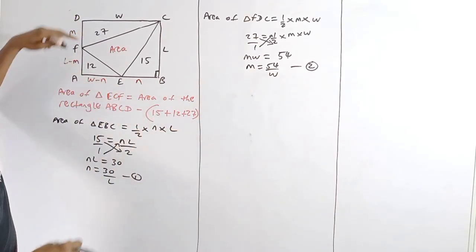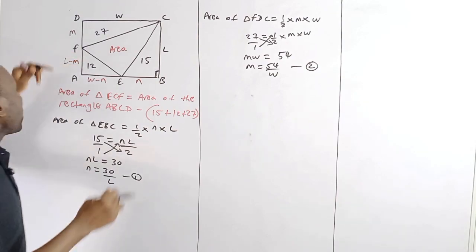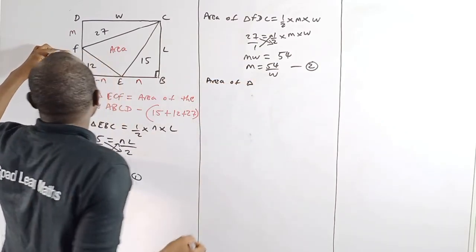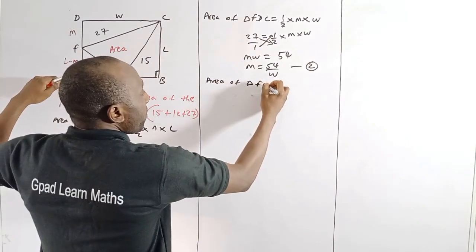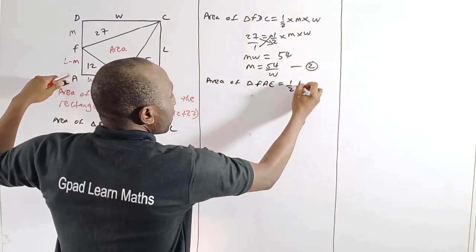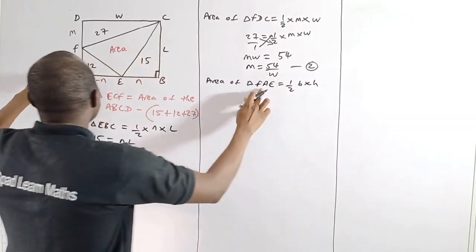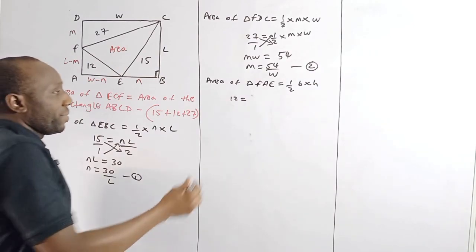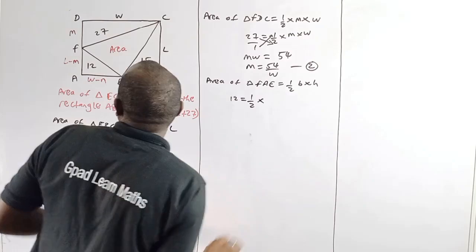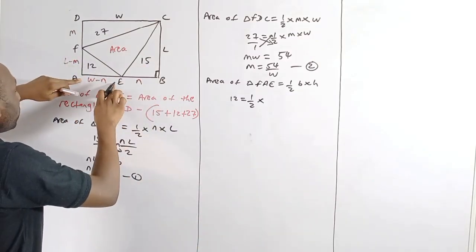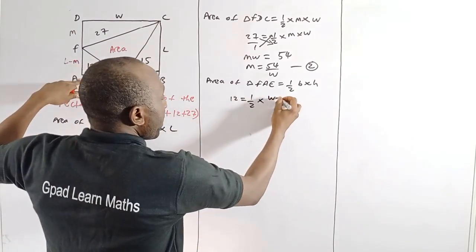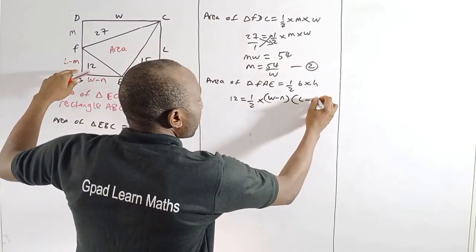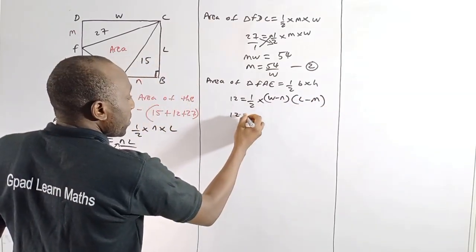Let's look at this third triangle that we have here. So the area of triangle FAE is equal to, again, half base times height. What's the area given? 12. So 12 is equal to half times, we can say let the base be W minus N times L minus M. So this is what 12 is equal to.